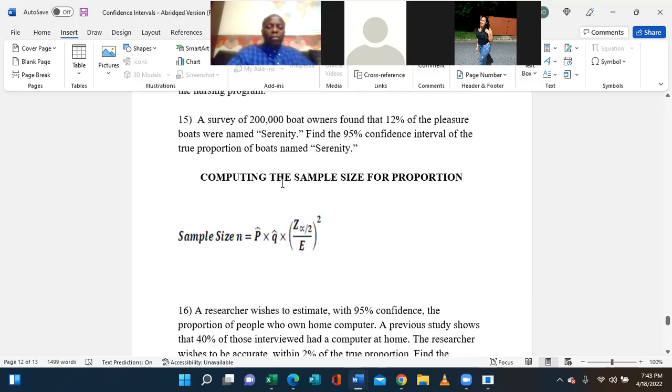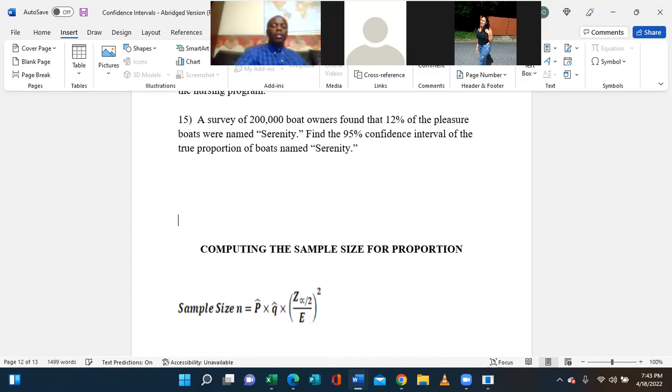It says a survey of 200,000 boat owners found that 12% of the pleasure boats were named Serenity. See, they didn't give you the count, they just give you the percentage value. They say find the 95% confidence interval of the true proportion of boats named Serenity.